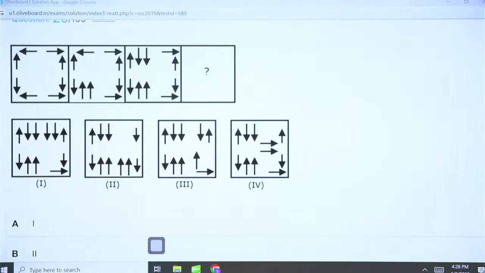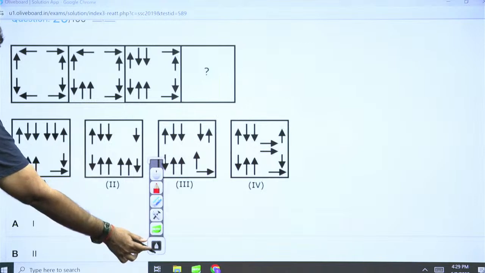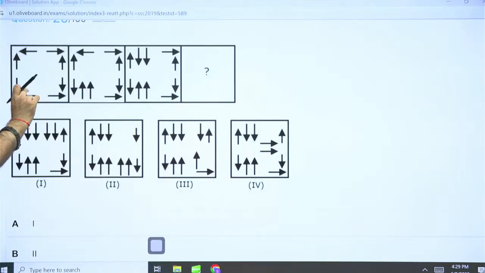Try this one now. If we see everything from 1 to 2, everything is the same, okay. Only this arrow has been turned 90 degree clockwise and we are adding another arrow here.